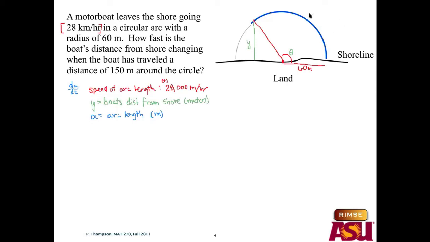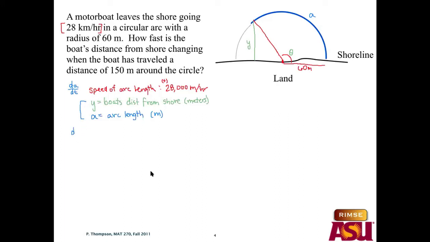A, here I'll label a diagram, is this blue curve. Y is that straight line distance to the shore. And I have this theta here that we didn't use over here, but in order to start this problem again, I'd need to relate the quantities. I want to know how fast is the boat's distance from shore changing.